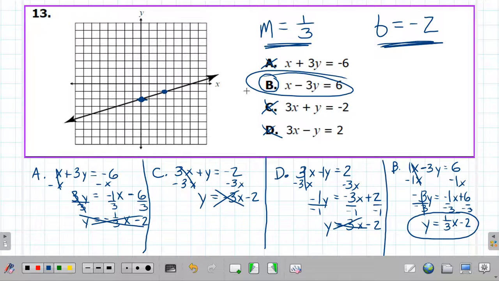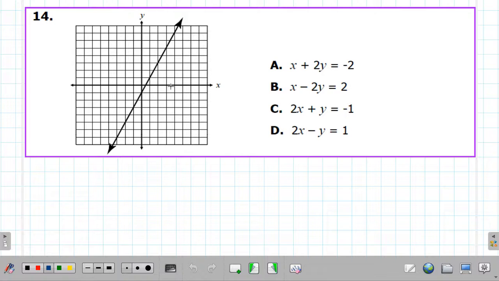And that's the fast and easy way, is just plug all these in and see which graph matches up. Okay, so giving you a little hint there, but technically what you could also do is go through, solve each one of these for y, put it in slope-intercept form, and figure out the answer that way. So just to save some time here, okay, once again, we would go through and say, okay, y-intercept here is -1.